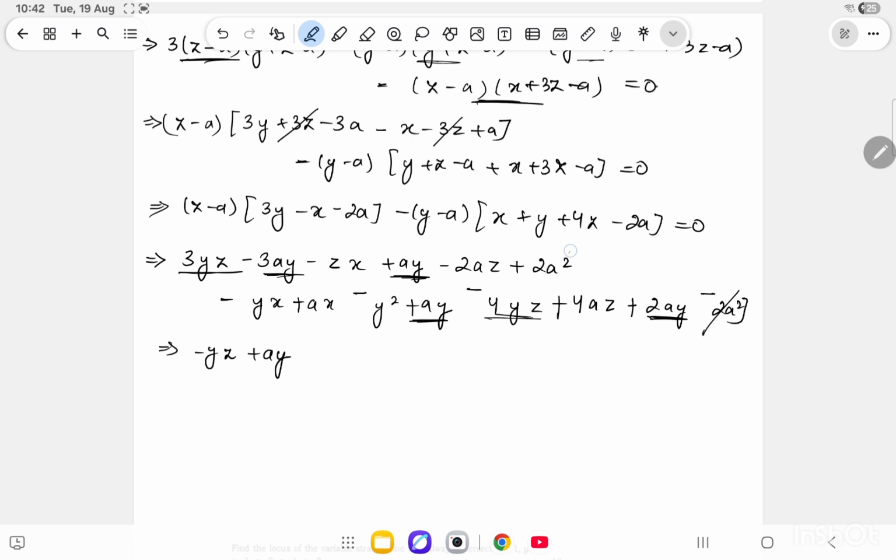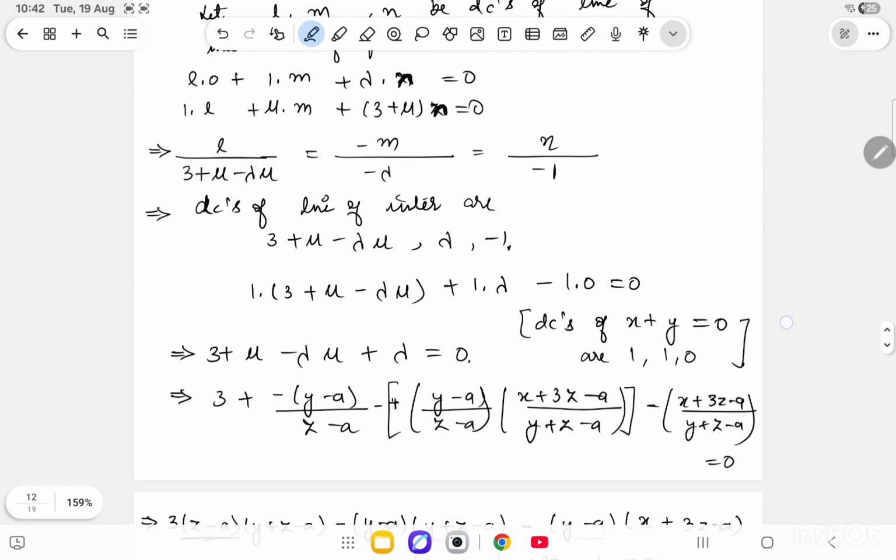This minus 2a square balances out this one, and zx, I think this is the only term, zx. Yeah, minus zx minus 2az plus 4az, which is plus 2az, and minus yx plus ax minus y square equals to 0.